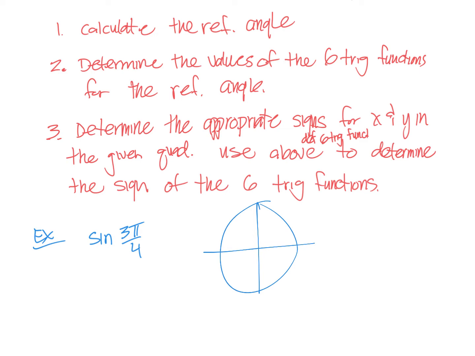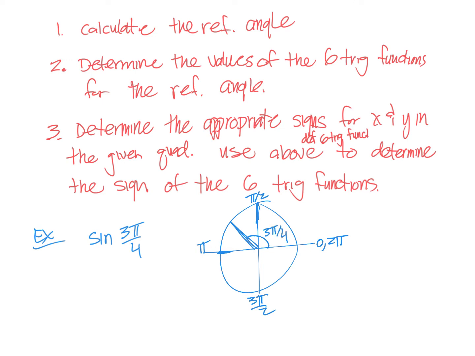And if you always forget where that stands, you know that straight up is pi over 2, straight to the left is pi, 3 pi over 2 is down, and 0 or 2 pi is to the right. 3 pi over 4 is 0.75 pi, which is greater than a half pi, which is up, but less than pi, which is to the left. So we are somewhere over here.